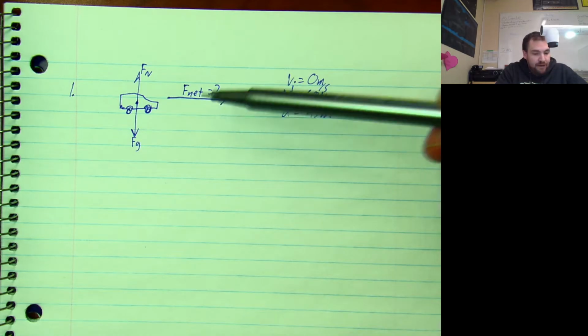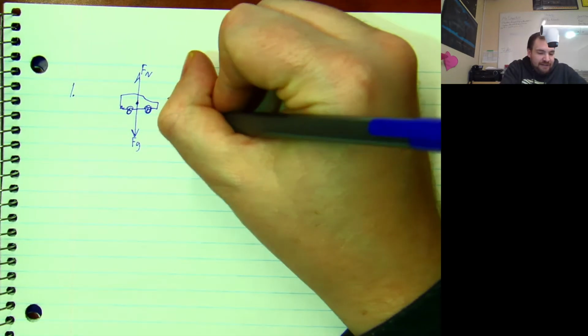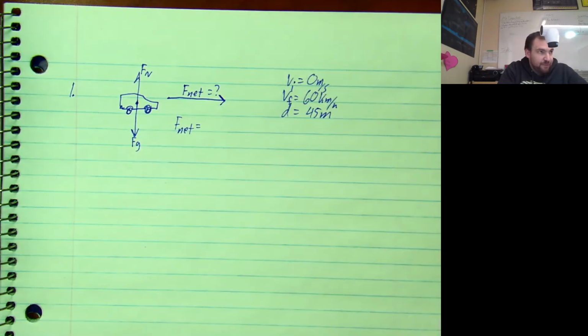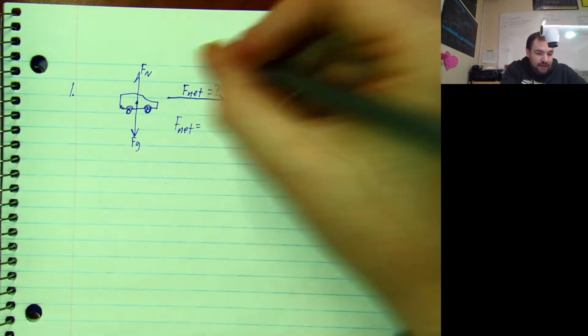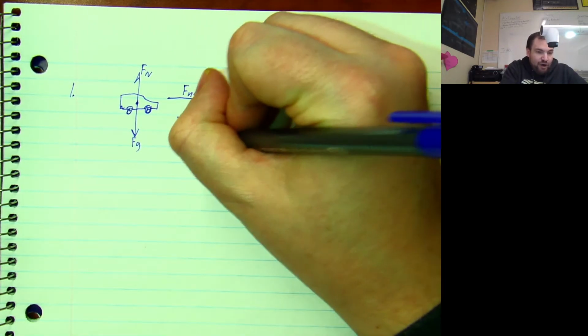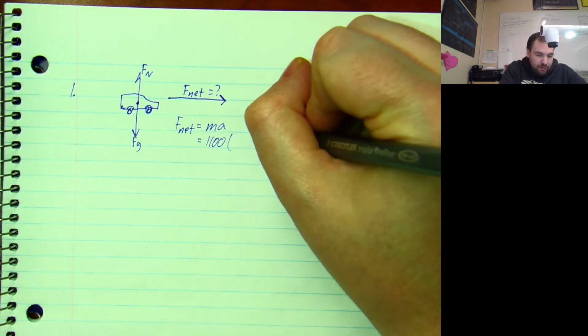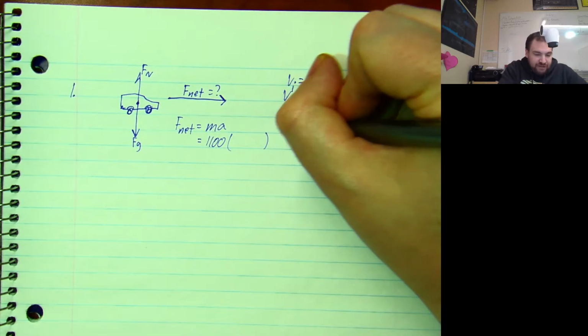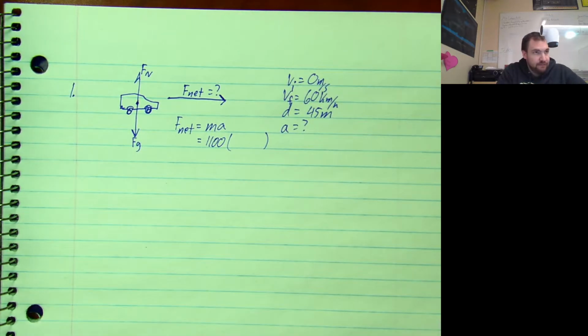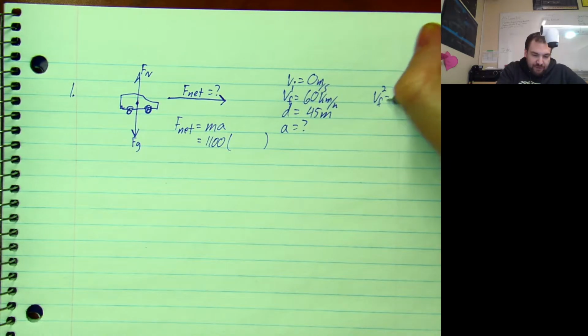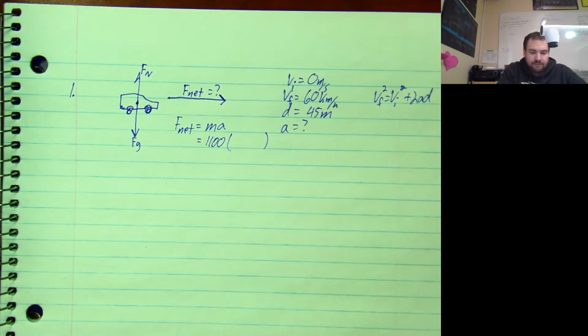But we know one of the things of net force. To find the net force, the equation for net force is what? F net equals ma. I know my mass is 1,100, so I need the acceleration from this kinematic data. So Vf squared equals Vi squared plus 2AD. Before I can shove anything into that equation, what must I do?